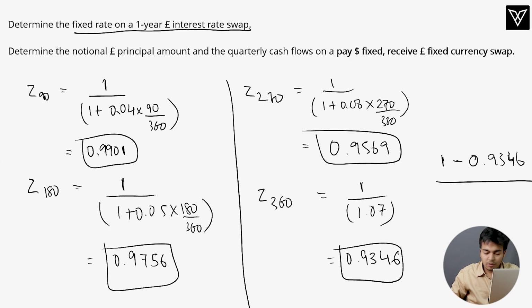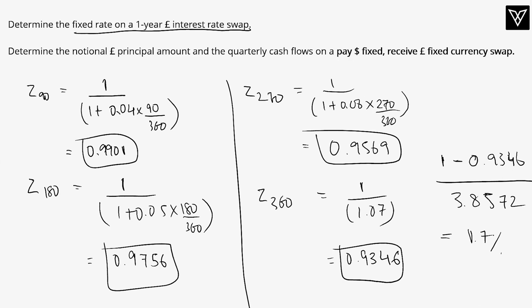The sum would be 0.9901 plus 0.9756 plus 0.9569 plus 0.9346, which is 3.8572. So we divide 1 minus 0.9346 by 3.8572, and that is 1.7%.